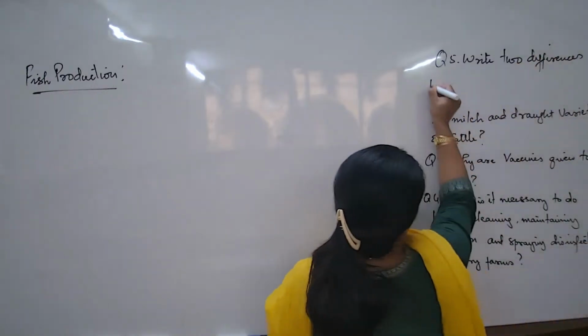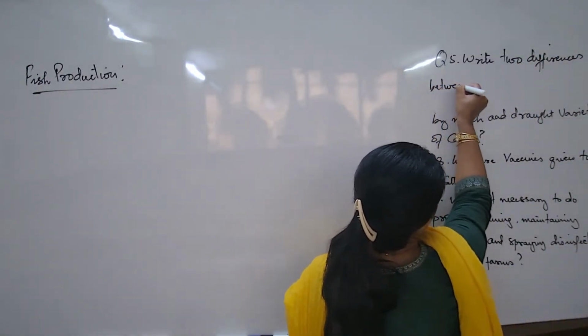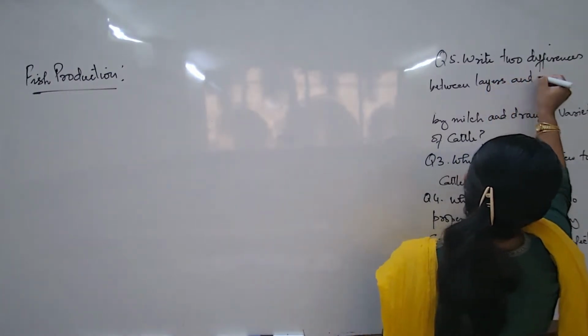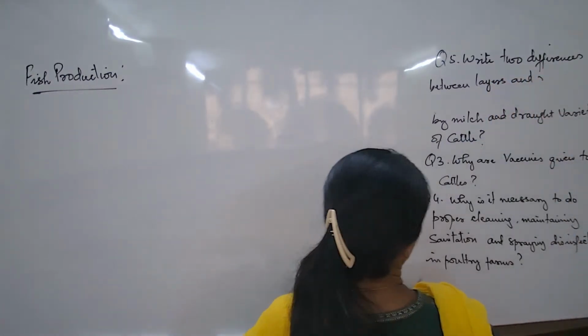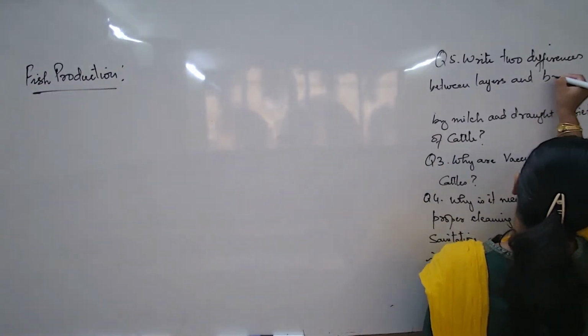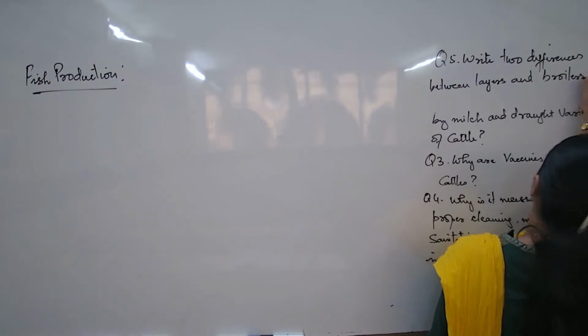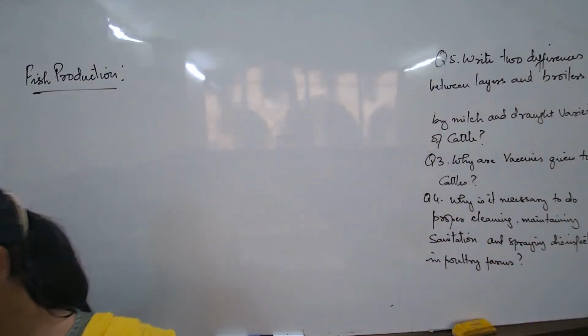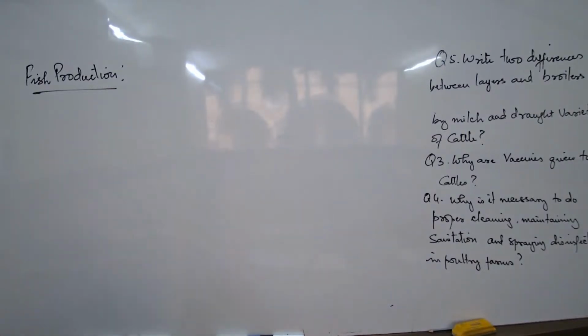Write two differences between layers and broilers. This answer is there in your volume. Layers and broilers. Write two. Quickly. Make a column. Write two differences between layers and broilers.